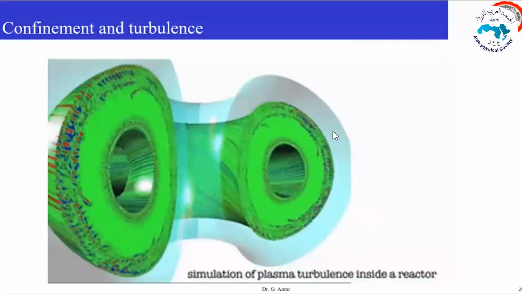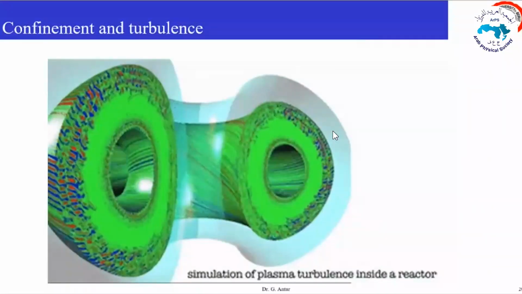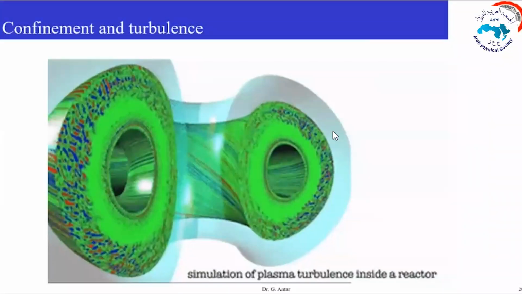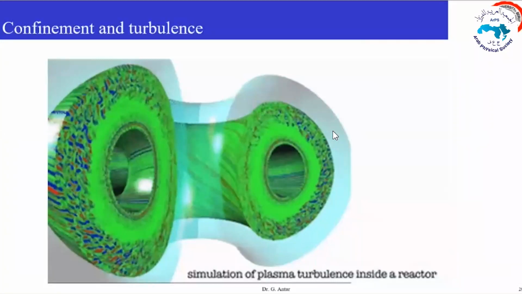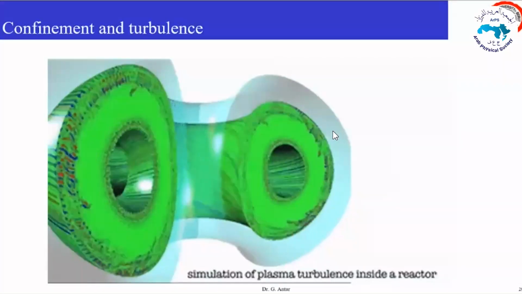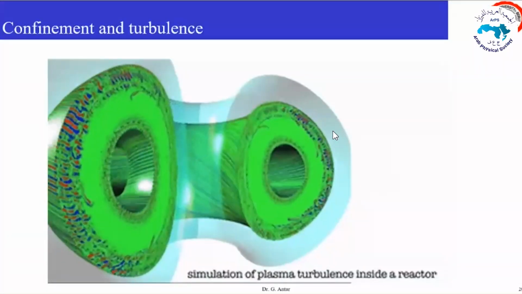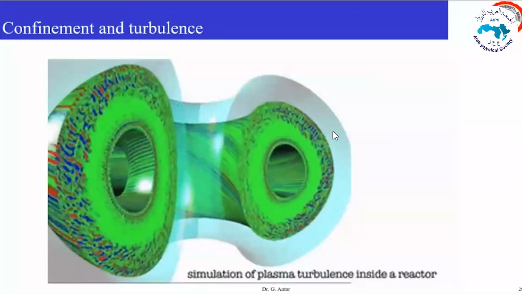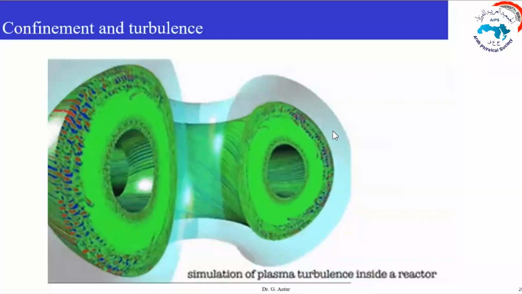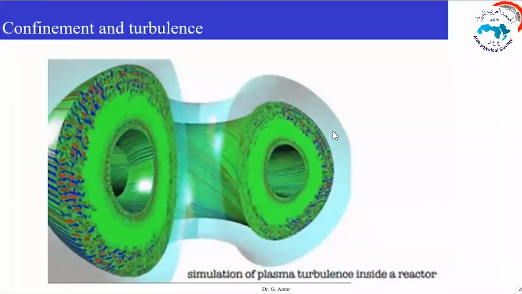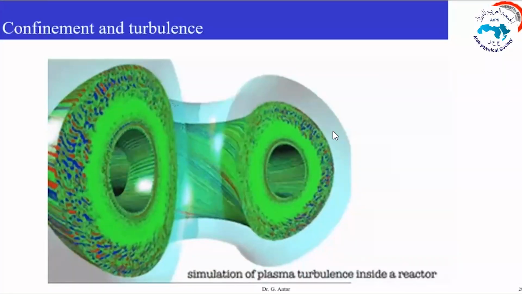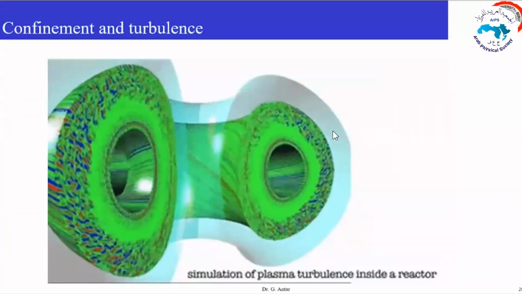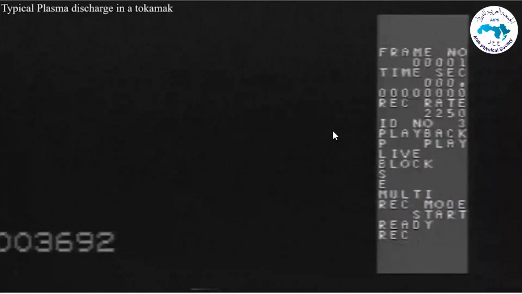This turbulence will make it easier for the particles to escape the confinement zone. And since we don't want that, the problem of understanding and controlling turbulence is of prime importance.